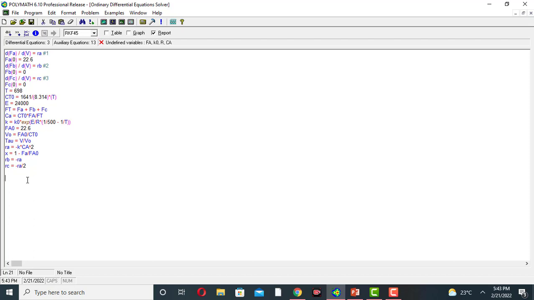The Ca naught value is given, which is 0.29, so we put 0.29 from the given data.